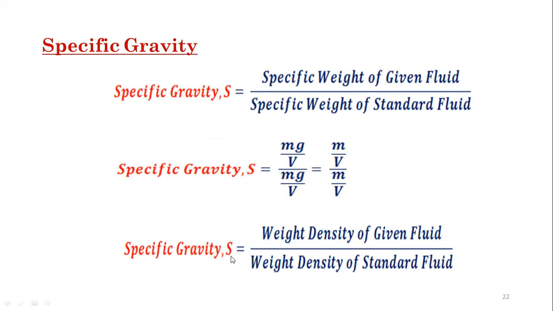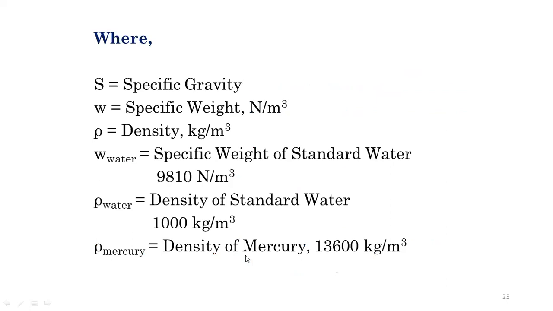So specific gravity doesn't have any units. It will be just a number. If S equals 1, the fluid is water. If S equals 13.6, that is mercury.